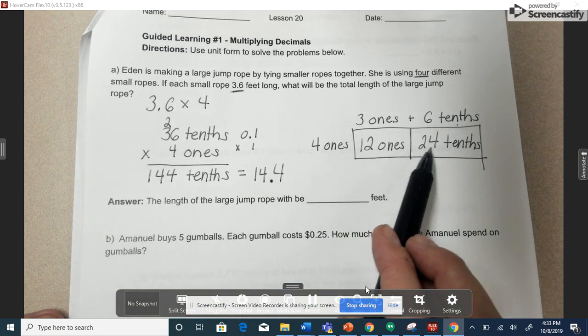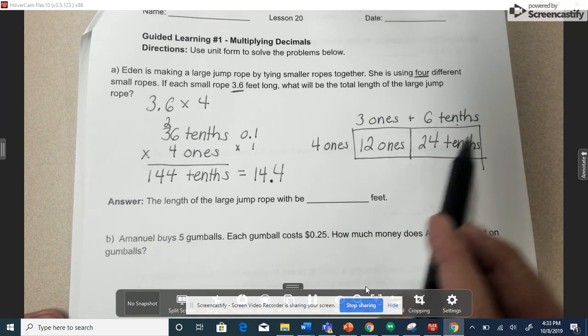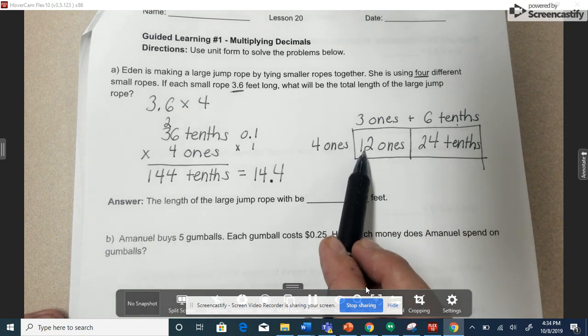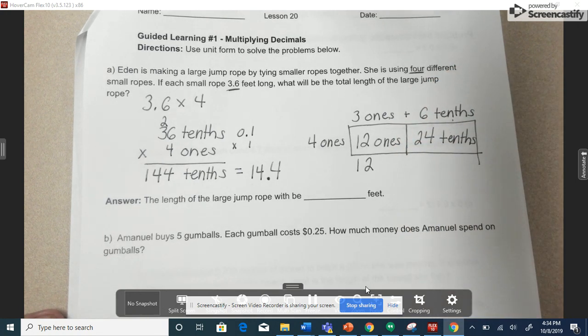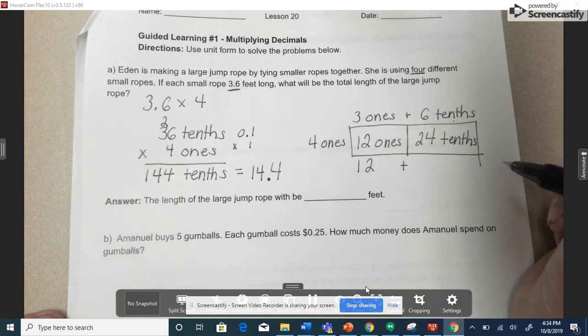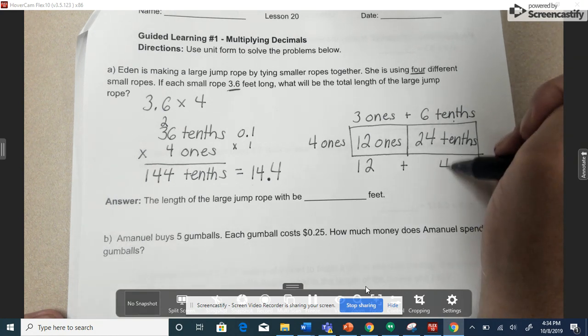Now I'm going to add these 2 together to figure out the area of this entire rectangle, which is what we're doing by using the area model. 12 ones can be written as 12 plus 24 tenths. Let me think. I need to put the 4 in the tenths place because I'm talking about tenths.